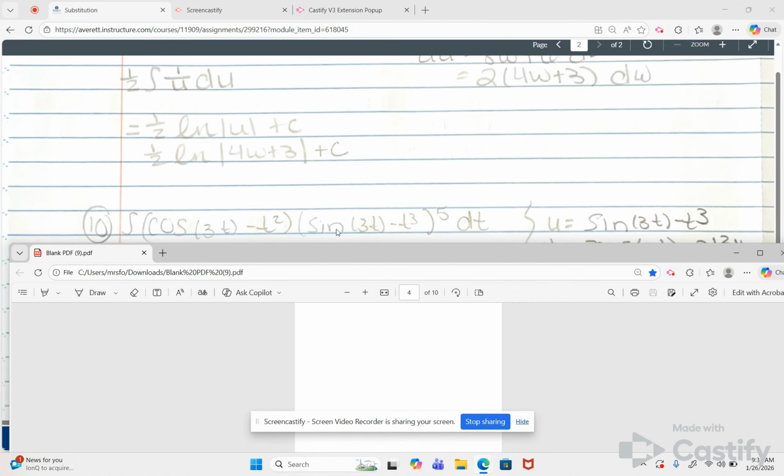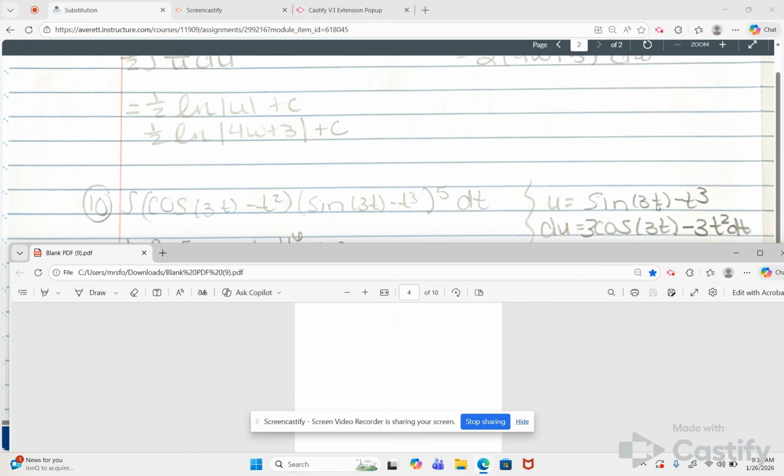So this sine function here is going to be my inside function because it's raised to the 5th power. So when I write u as sine 3t minus t cubed, I have to take the derivative. So the derivative of sine is cosine, and that's 3t, and you have to then take the derivative of the inside function, which is 3. Then the second term is to take the derivative of the minus t cubed, so that's 3t squared.